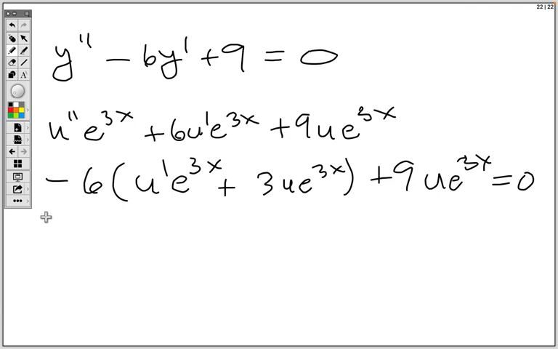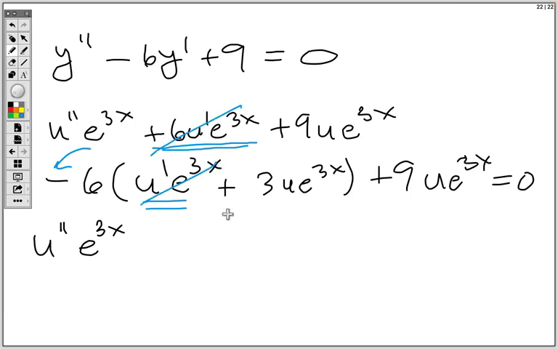And by golly, look what happens. We got the u double prime e to the 3x. But look what happens to the 6u prime e to the 3x. That's going to cancel out.